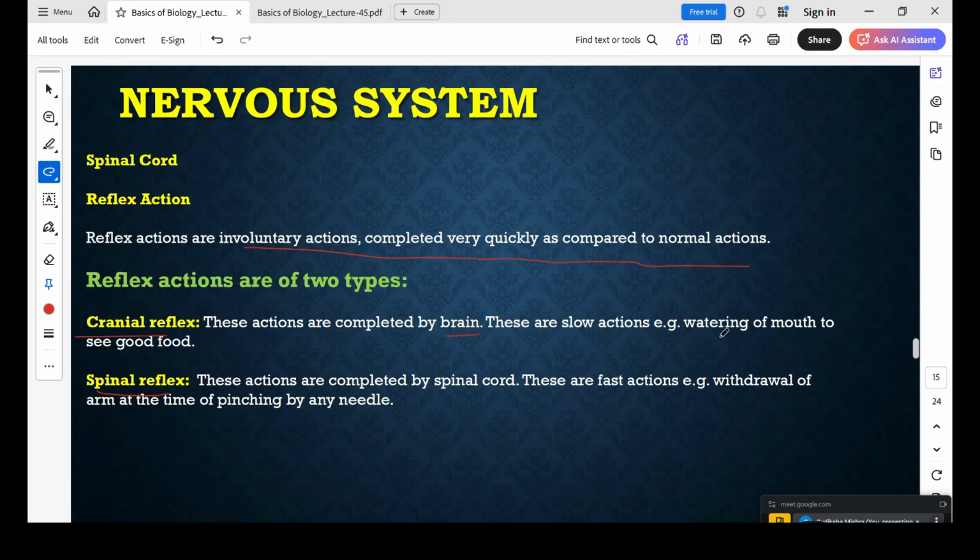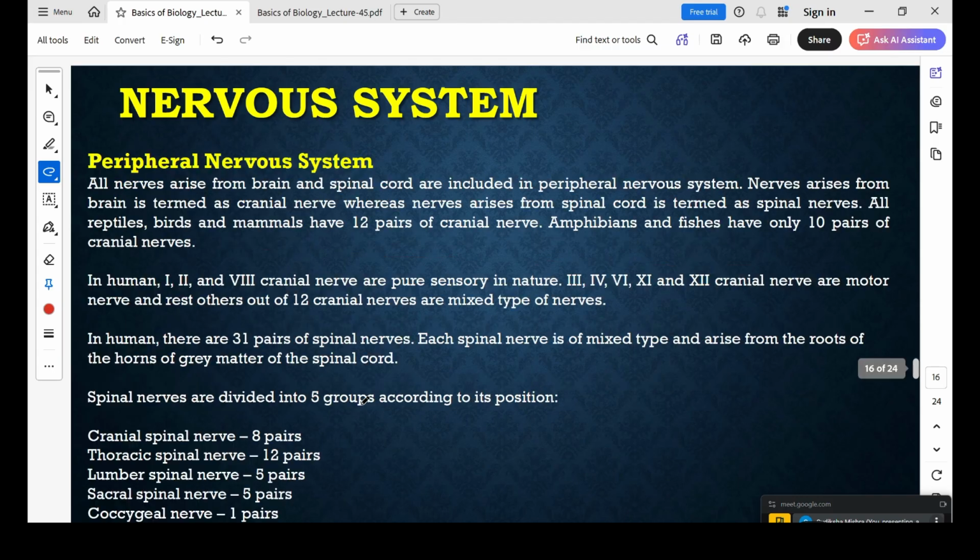These are slow actions such as watering of the mouth at the sight of good food, etc. So salivating. Spinal reflexes are completed by spinal cord. These are fast actions such as withdrawal of the arm at the time if you touch a hot surface, or if you touch a sharp thing, then the jerking action of the arm is a spinal reflex.